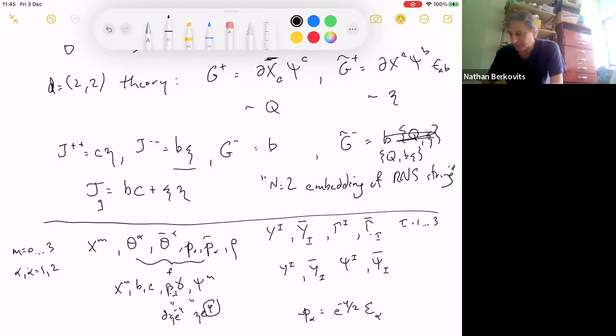So it's built out of matter fields and ghost fields. In this description, which is called the hybrid formalism, the thetas and p's are built out of the ghost and matter fields in RNS. So there's no one-to-one map between matter and matter.